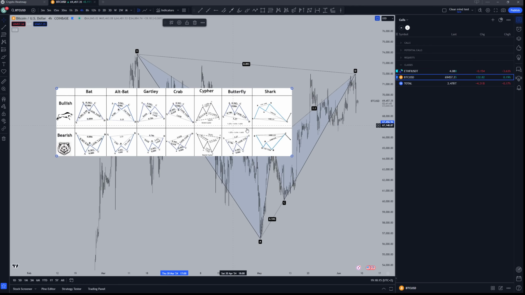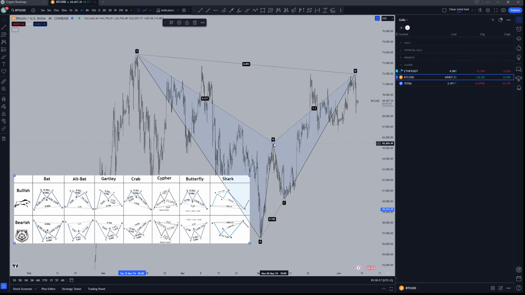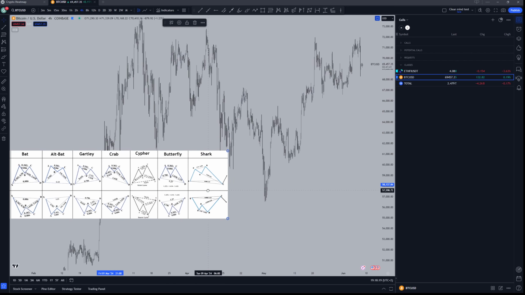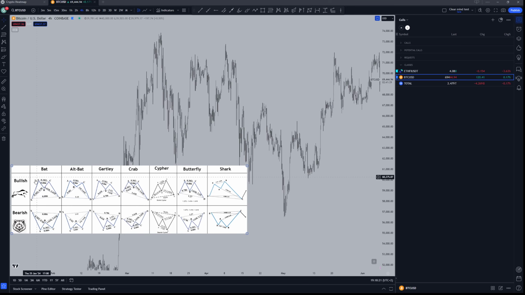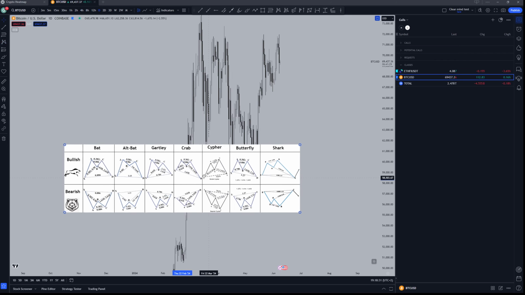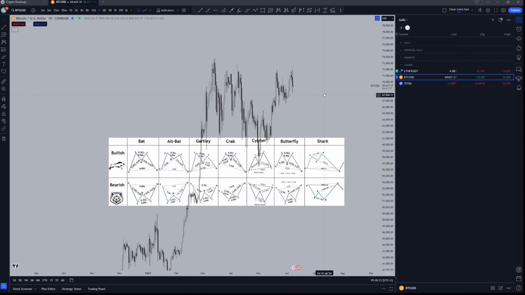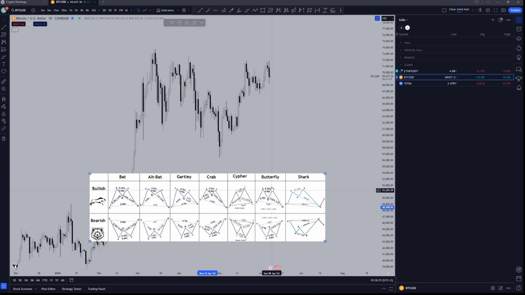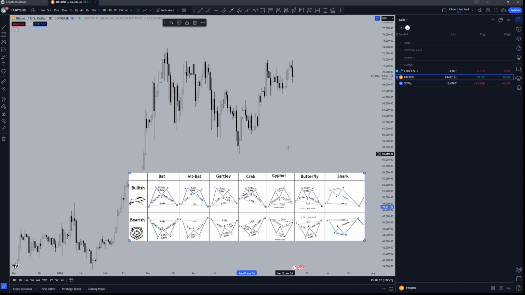In this case, how you would actually start drawing these is you would take these alignments and look at your important points first. So I go on a higher time frame chart. As we did before, let's take the first high.